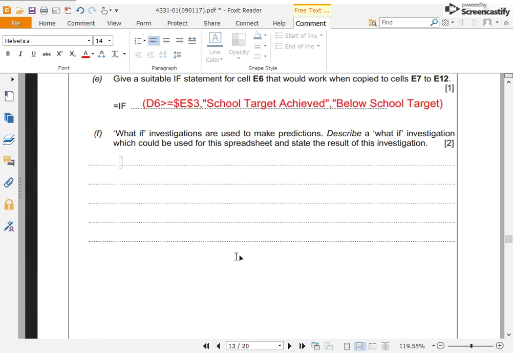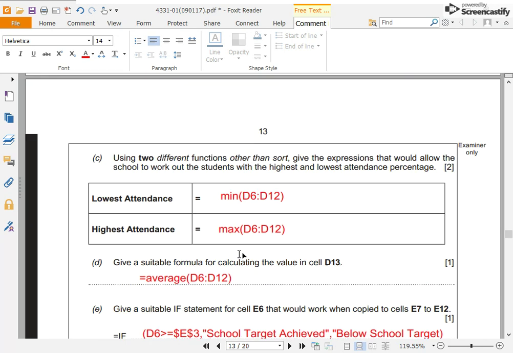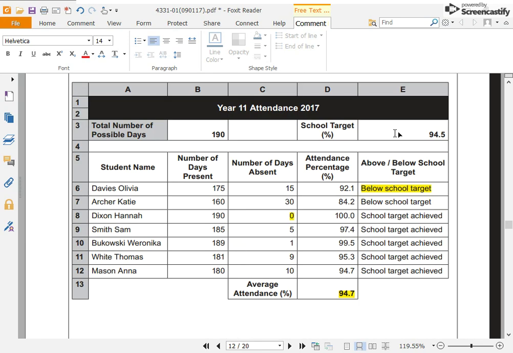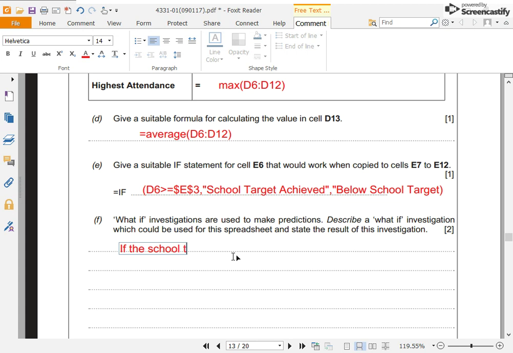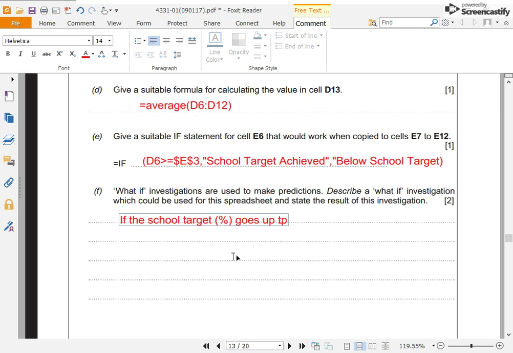So if the school target percent goes up to 95%, I was thinking, what would happen then? Then more pupils would be below target.